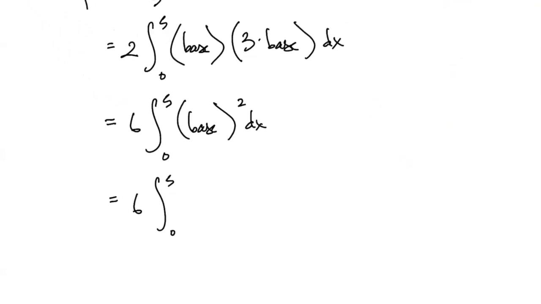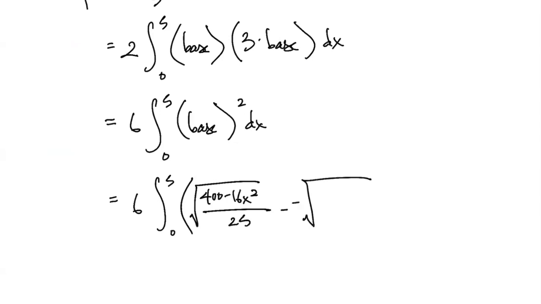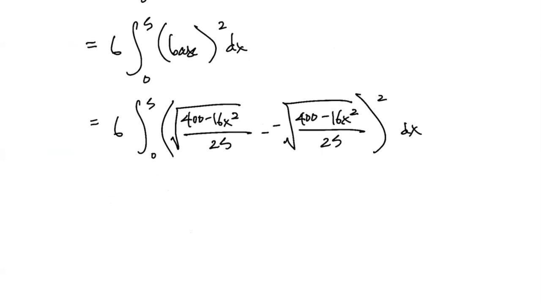That is, we're going to have square root 400 minus 16x squared over 25 minus the negative square root of 400 minus 16x squared over 25. Good. All right, so that's an important pattern to notice. This minus minus is going to make it a plus. And when I have something plus itself, I'm just going to have two of them.